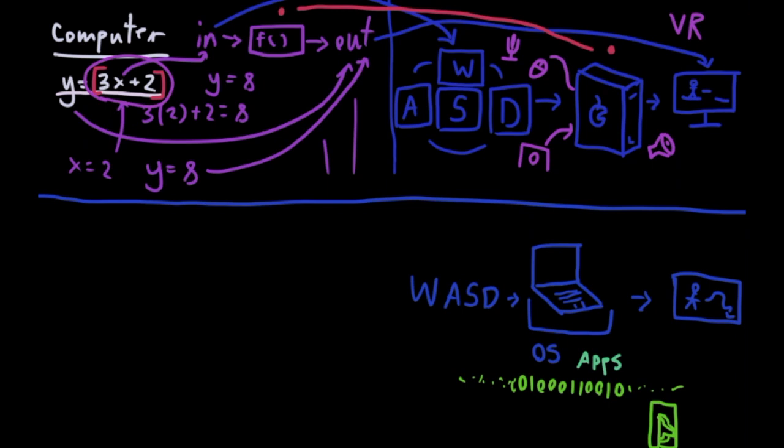And essentially, this programs these switches to either turn on or off. So a 0 will be off and a 1 will be on. So 1, 0. Okay? And these switches basically create circuits in your computer.